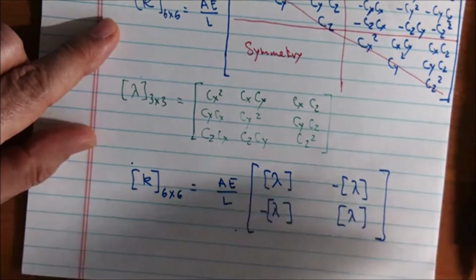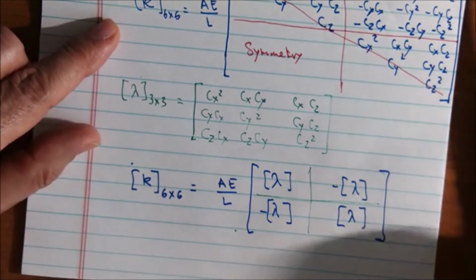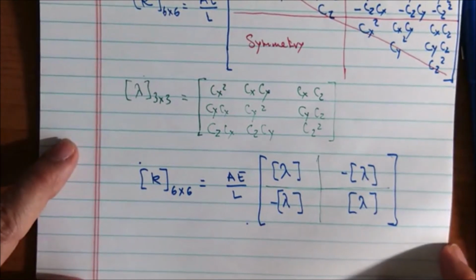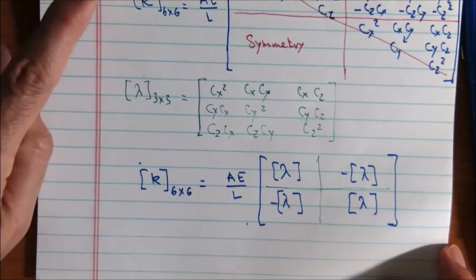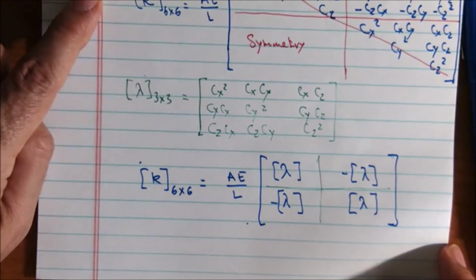So this should be an easy way to remember it. So these are my submatrices. Here we have derived the global element stiffness matrix in 3D for a bar element, and we are going to be using that in the following video to work an example.